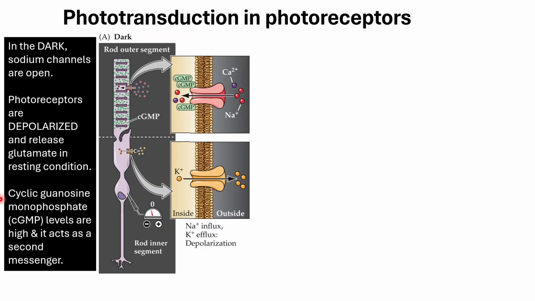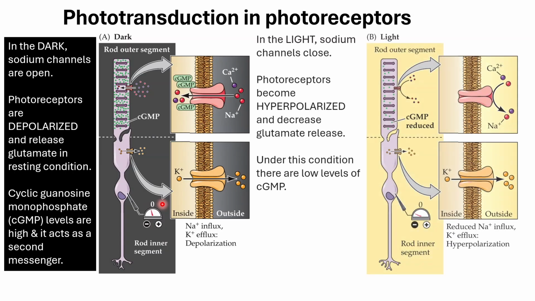So, in the dark, basically what's happening is that we've got a lot of cyclic GMP present within the rod in the outer segment. That cyclic GMP is bound to these channels. We've got calcium and sodium flowing through, mostly sodium driving this current. And then the membrane potential is relatively high, so it's more depolarized than hyperpolarized. When light hits, the rhodopsin gets activated, transducin gets activated, the PDE gets activated.